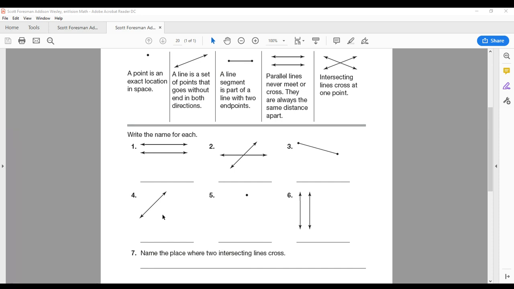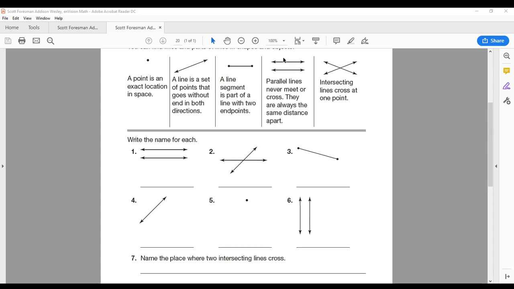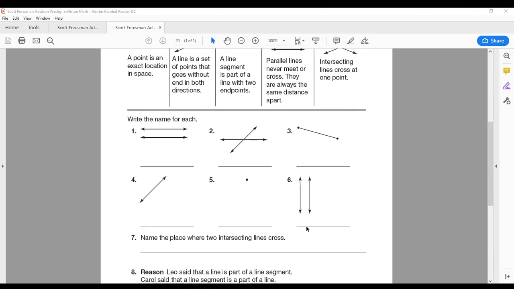There is no end on either end. This is a point, and these are also parallel lines. They're going in the opposite direction of these parallel lines, but we know they're lines. There's arrows on each end, which tells us they go on forever. They're the same distance apart all the way through.